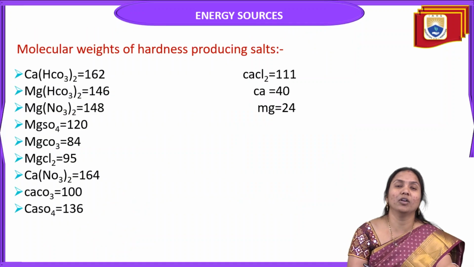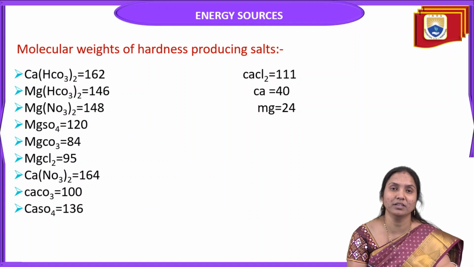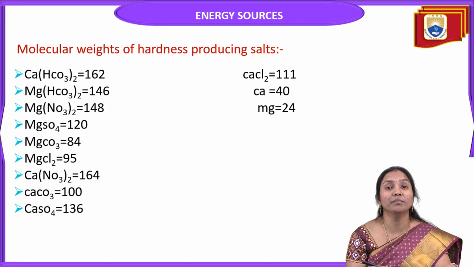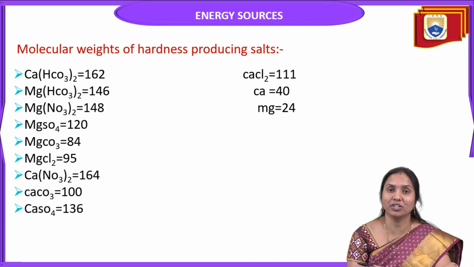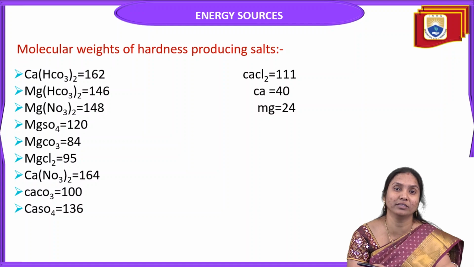Now let's discuss the molecular weights of hardness producing salts or hardness causing salts. These molecular weights are most important for numerical calculations. Generally hardness causing salts are calcium bicarbonate, magnesium bicarbonate, calcium sulfate, magnesium sulfate, calcium carbonate, and chlorides and sulfates of calcium and magnesium.